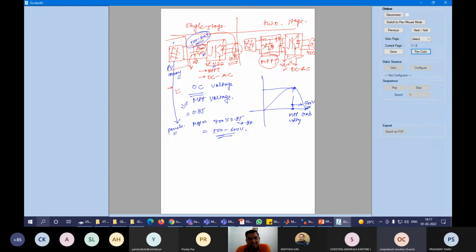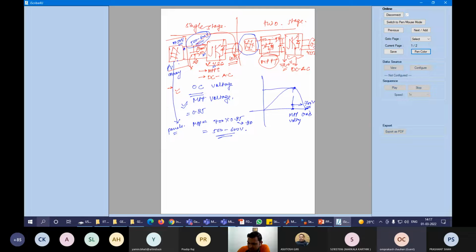So the panels which we are using for two stages, in case of single stage we have to use not 5 panels, only 1 or 2 more panels. Here we are making the calculation, but if you see the exact system, we have to put 1 or 2 panels extra in case of single stage, so that this PV voltage, VPV, can be raised to 750 volt or 800 volt.